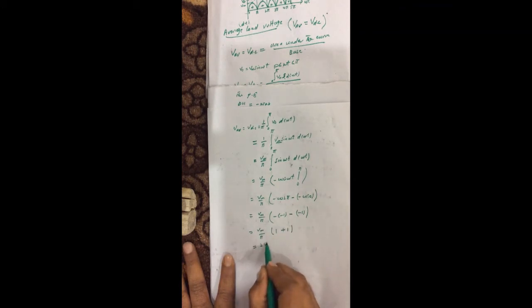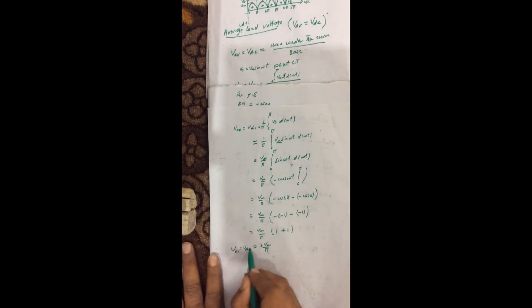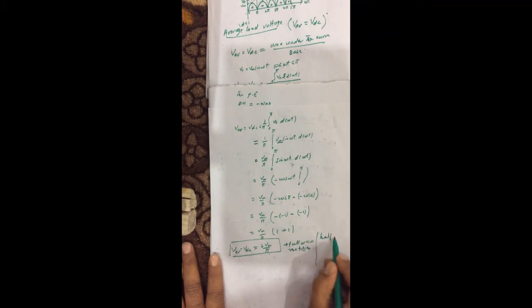So we have 2 Vm over pi. The average or DC voltage VDC is the value given here. This is for the full wave rectifier, while in the case of the half wave rectifier, we calculated the average voltage VDC as Vm divided by pi.